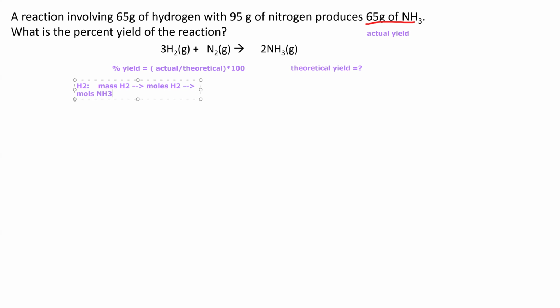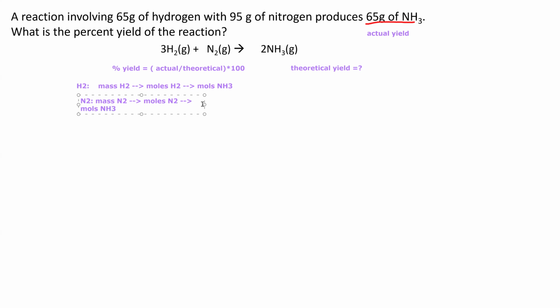And we're going to do the exact same thing for N2. So with N2, the mass of N2, we're going to convert that to moles of N2 to moles of NH3.